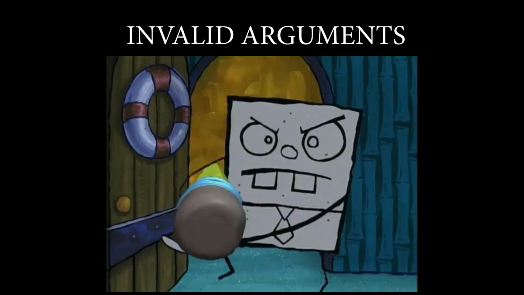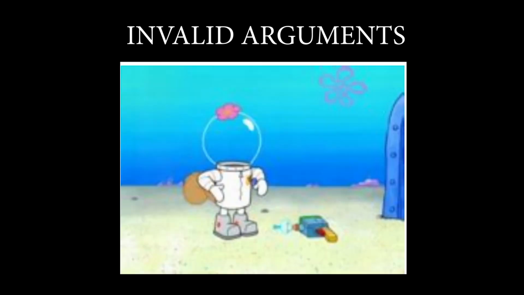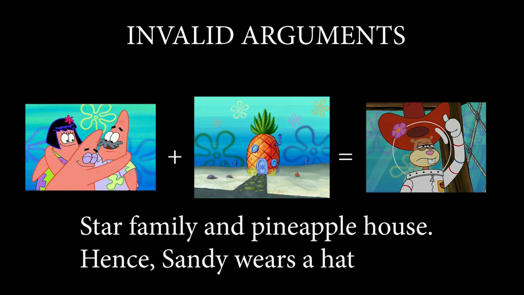Now, invalid arguments, same thing. They don't rely on the truth of anything. They just rely on the connection. So an invalid argument is when the premises do not support the conclusion, when they're totally unrelated and there's no connection between them.